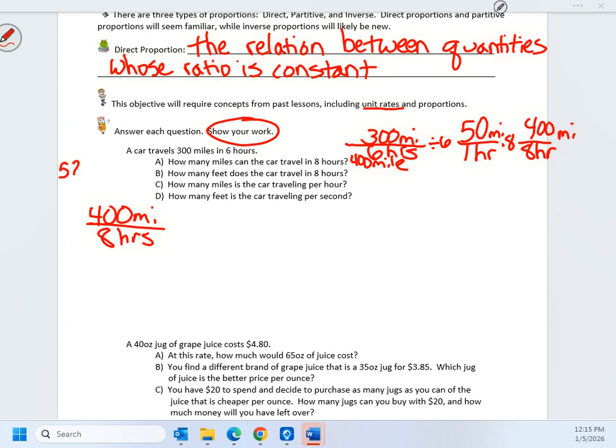So 5,280 feet are in 1 mile? Yes. So if we have 400 miles, how can we convert that 400 miles into feet? Finley? Divide what? 400. So if I have 400 miles, what am I going to divide it by?